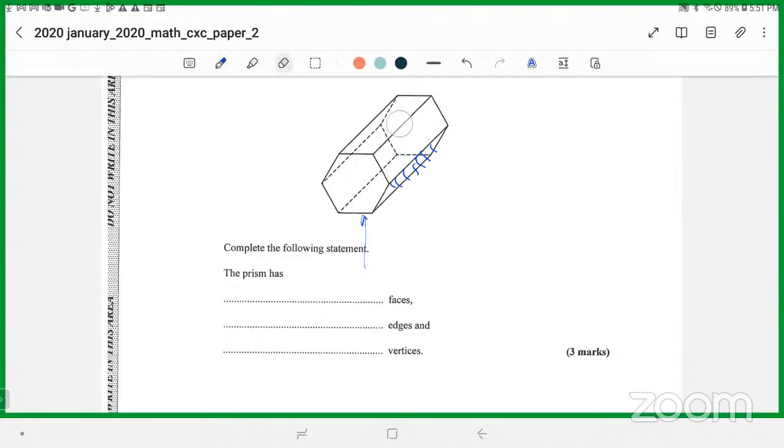And there are also 2 ends. There's one at this end, and there's one at the back. Those are also faces, right? So around the side, there are 1, 2, 3, 4, on the base 5, 6, and then the 2 ends. So there are 8 faces.